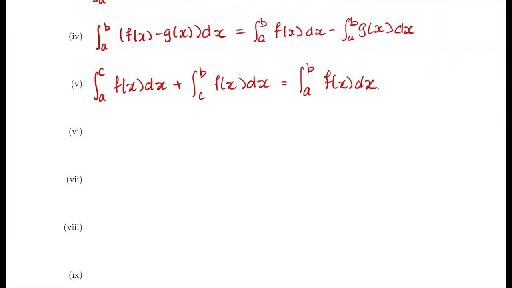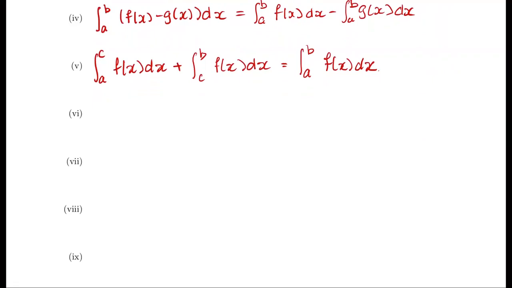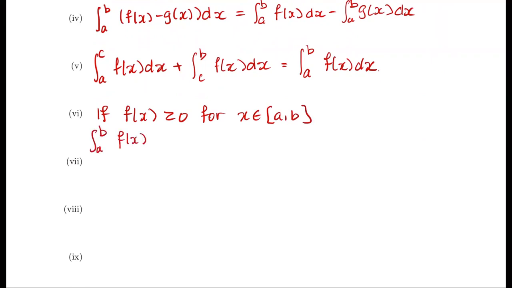Now, for the sixth property, if f of x is greater or equal to 0 for all x in [a, b], then that means the area under a to b will also be positive as well. Okay, so that's the sixth property.